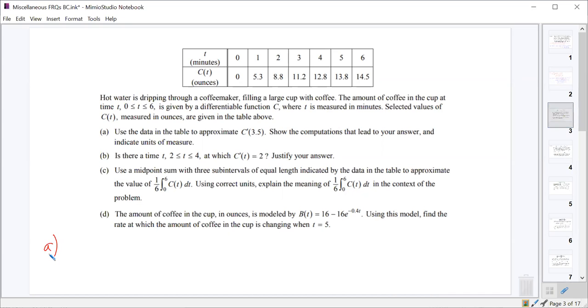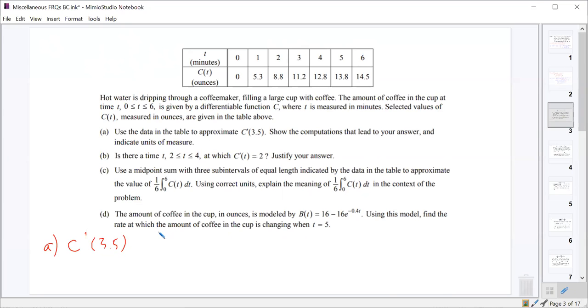So part A here, we're going to use the data in the table to approximate C prime of 3.5. C prime of 3.5 can only be approximated by taking an average rate of change of some numbers surrounding 3.5. Seems like 3 and 4 would be the best.